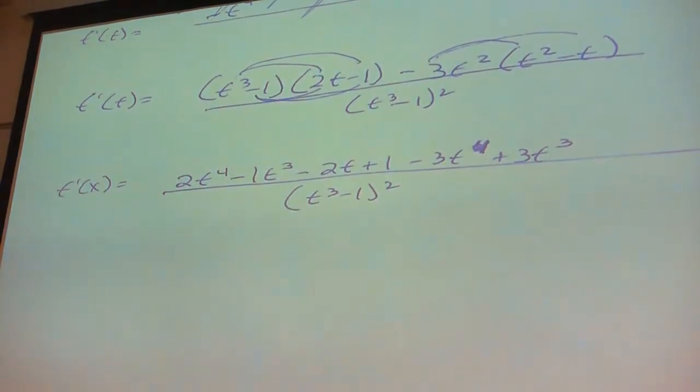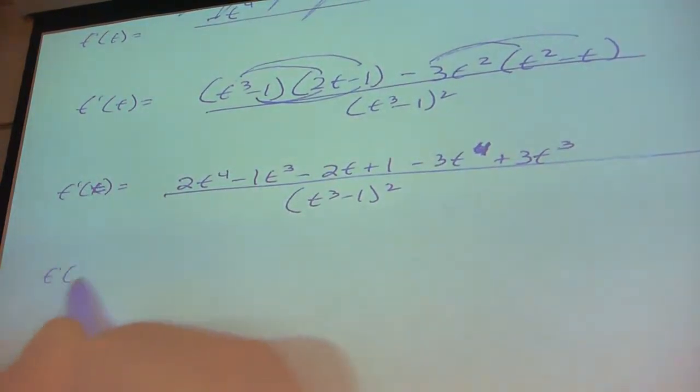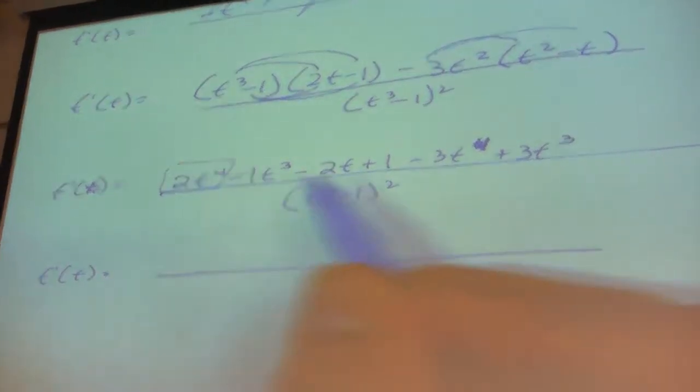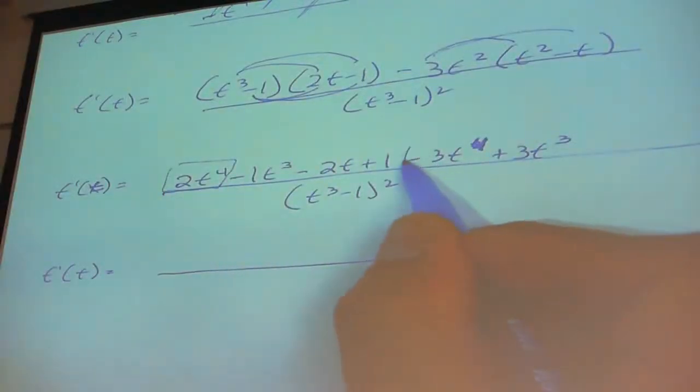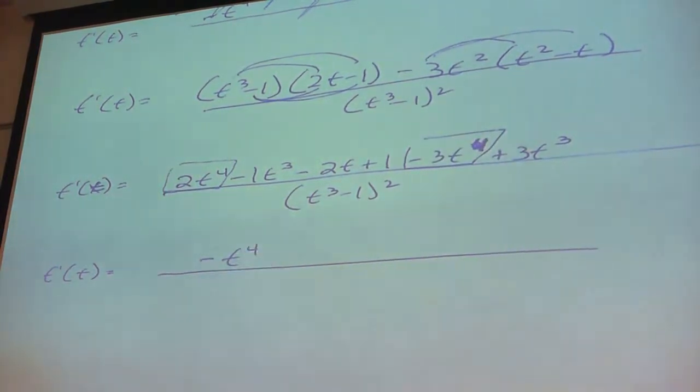Again, careful, careful, careful. Then 2t to the 4 minus 3t to the 4 is negative t to the 4.